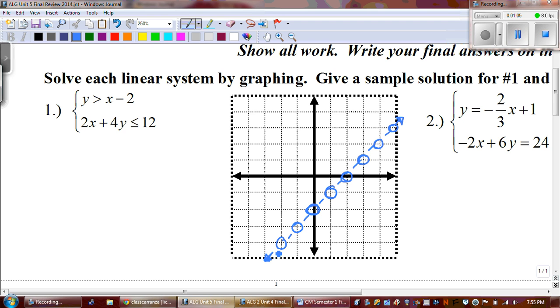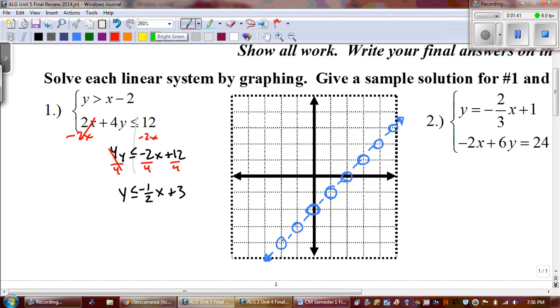Now, our next line isn't really solved yet, so let's go ahead and solve that. We have to subtract 2x from both sides, and we get 4y is less than or equal to -2x plus 12. Then we have to divide by 4, so we get y is less than or equal to -1/2 x, always reduce your fraction, plus 3.